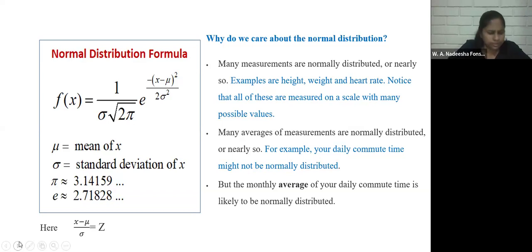And Z, by looking at this part of the formula, (x minus mu) over sigma, you have to memorize that, that is Z. We introduced Z score as (x minus mu) divided by sigma, or (x minus x bar) divided by S. This is Z score. So based on Z score, he introduced the normal distribution formula.